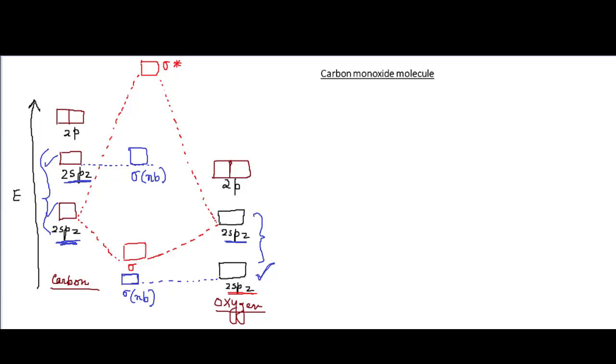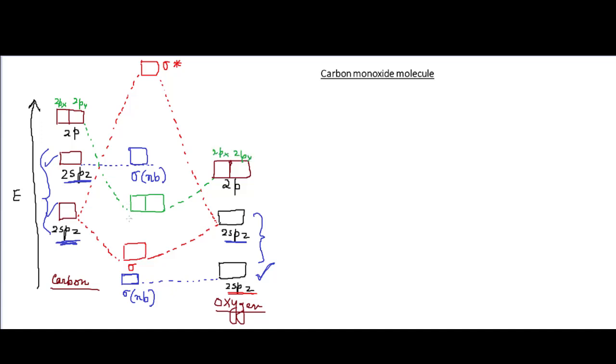Now coming towards the p orbitals, I'll draw in different colors so that it is easy to understand. The p orbitals will give rise to the pi orbitals like this. This is next to the sigma, so two pi molecular orbitals, pi px and py. This is 2px and 2py pure, and this is also 2px and 2py pure.